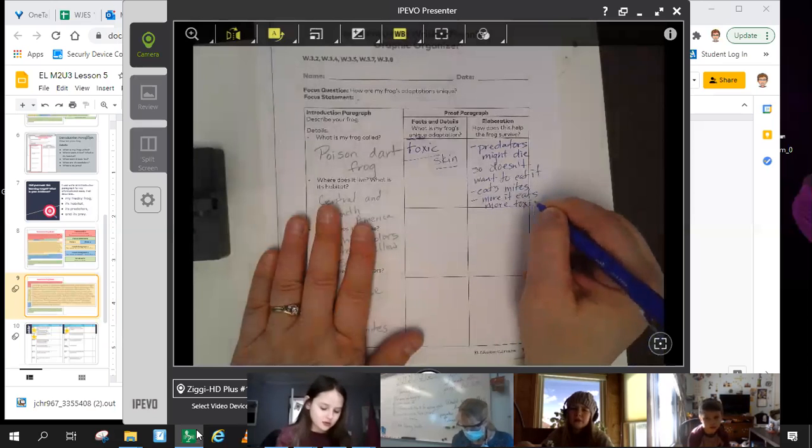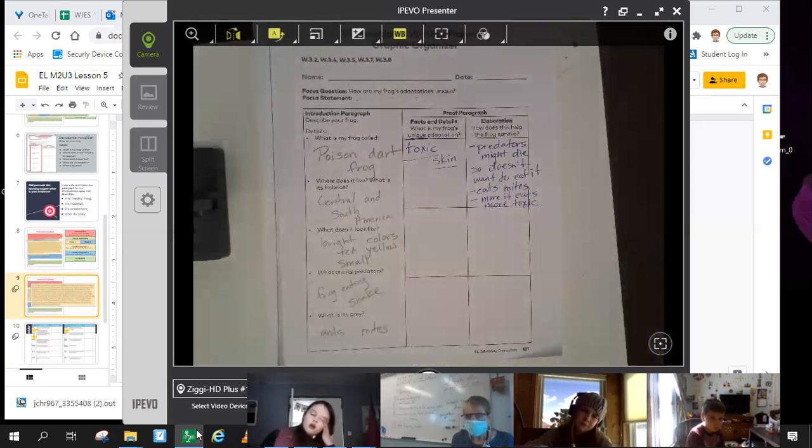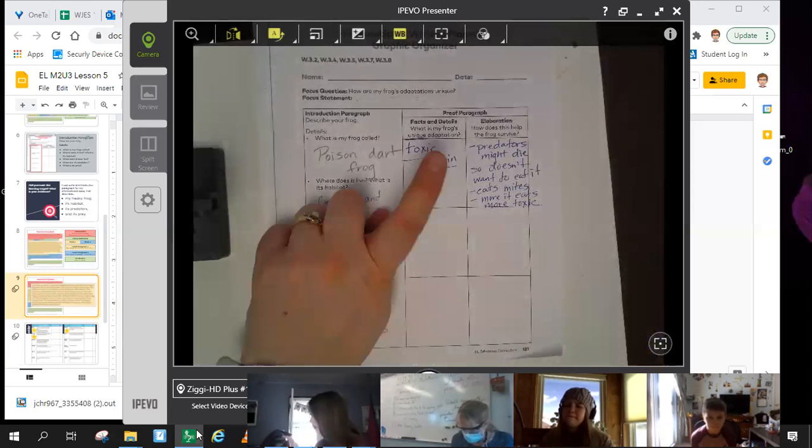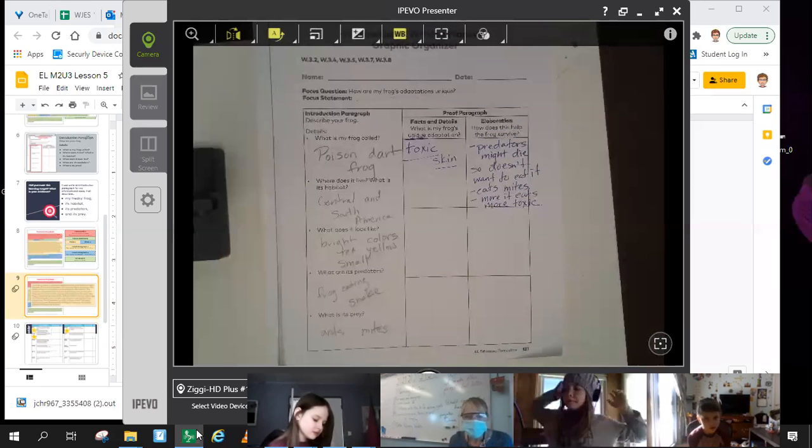All right. Now, that's one possible thing that is a physical adaptation. Now, what is the other obvious adaptation that a poison dart frog has? Well, that's the toxic skin. Something else about it that makes it unique compared to other ones. Stands out with what, Elena?